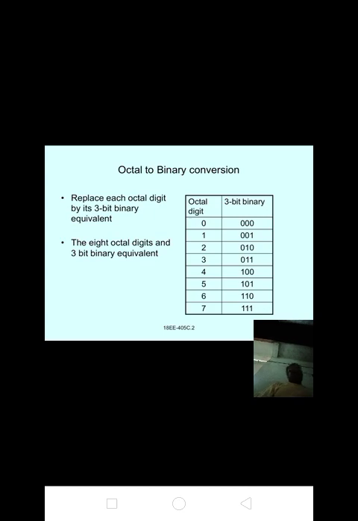We get the binary value according to the 421 code. 421 code is the code for the octal digits.